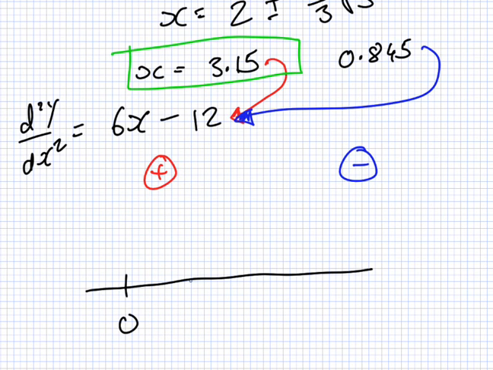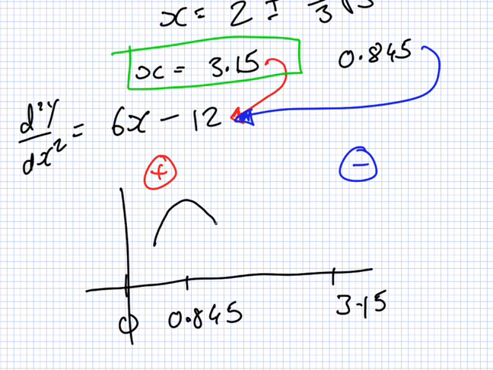There's 0, there's 0.845, and there's 3.15. At 0.845 it's negative, which is concave, so it's this kind of shape. And at 3.15 it's positive, which is convex. So the graph is actually, let's try that neatly.